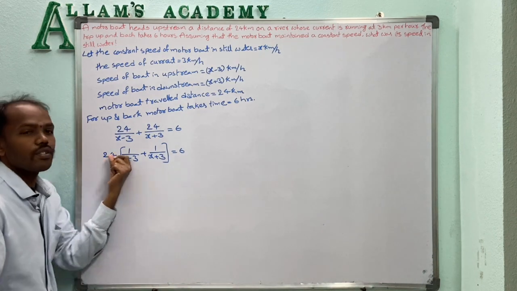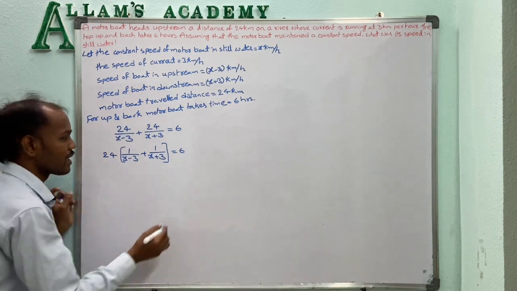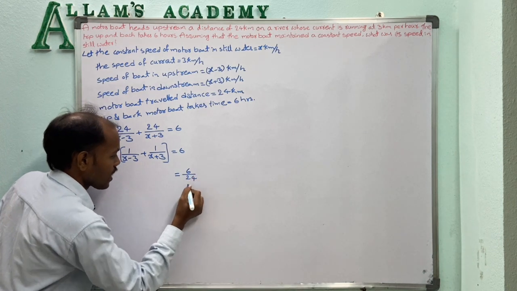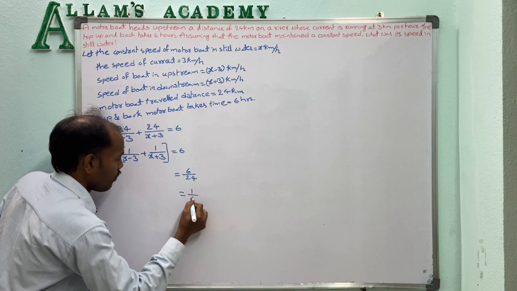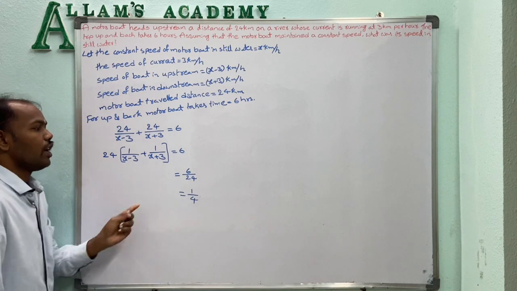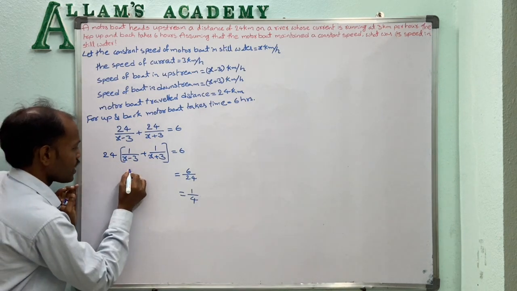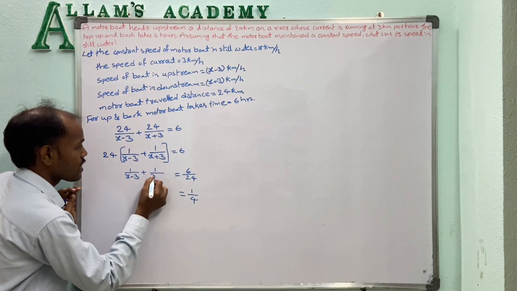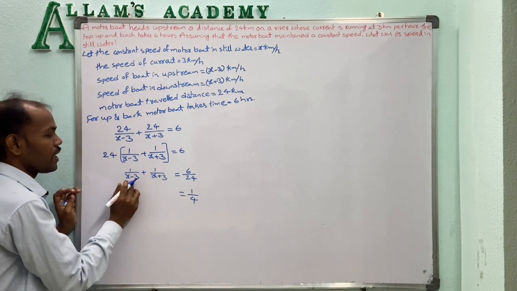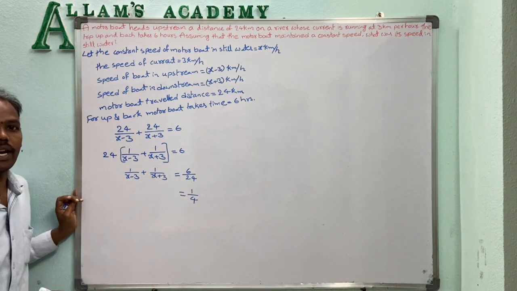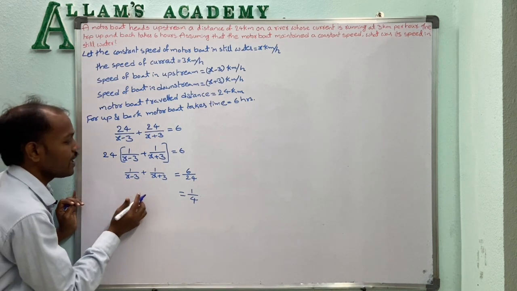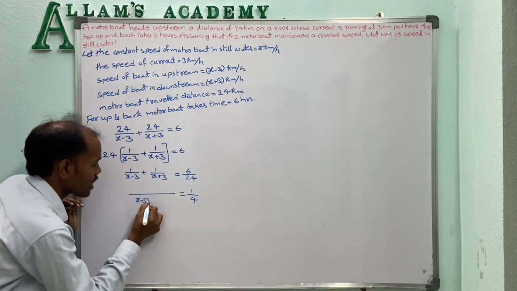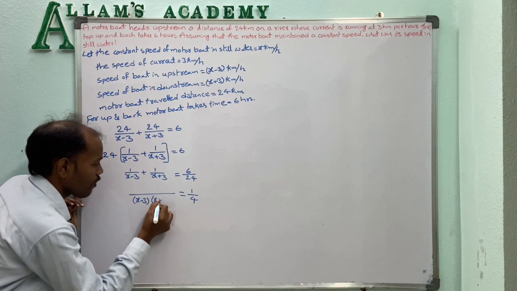Now multiplication 24 transfer to this side, that is division, so 6 by 24, 6 by 24 is nothing but 1 by 4. Now here the remaining one is 1 by x minus 3 plus 1 by x plus 3. Now here x minus 3 and x plus 3 are the denominators, so if we take LCM of these two, that is nothing but x minus 3 into x plus 3.